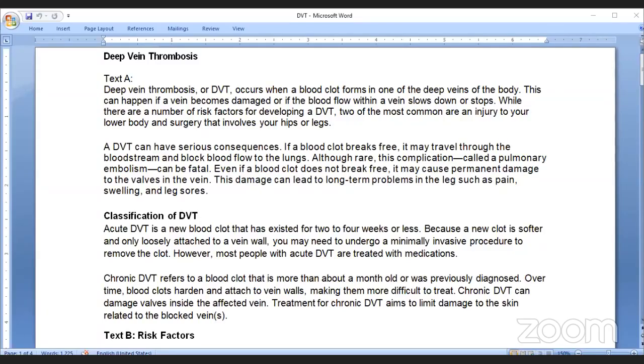Okay, so let us start. Can anybody recap what we need to do in reading part A? Just recap what the options are and what the strategy for reading part A is. You can unmute yourself.